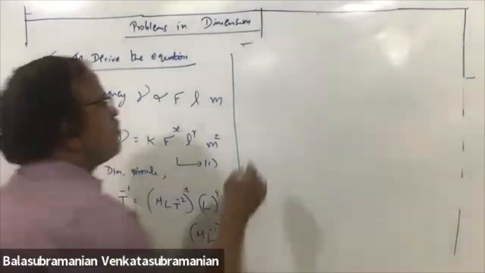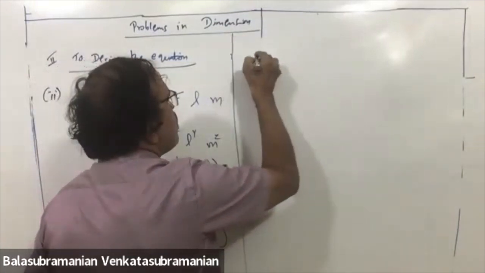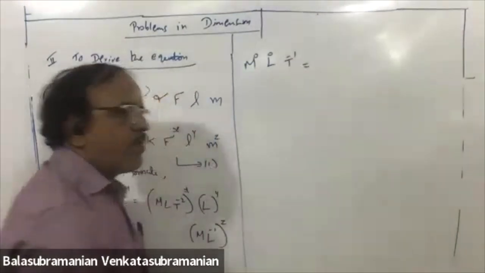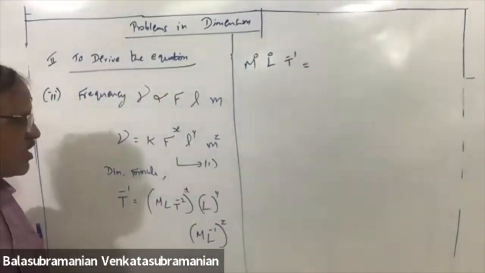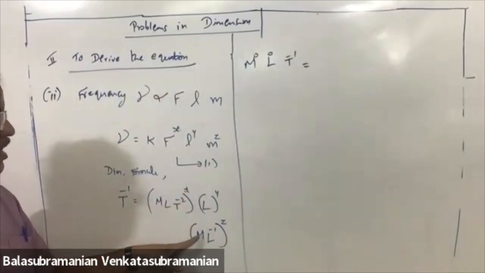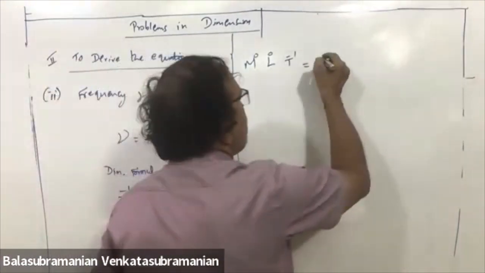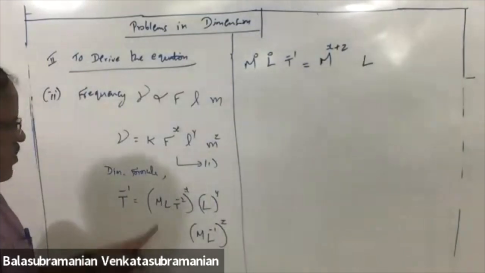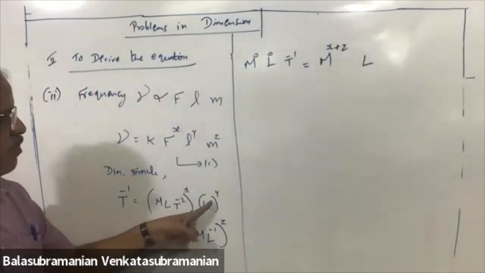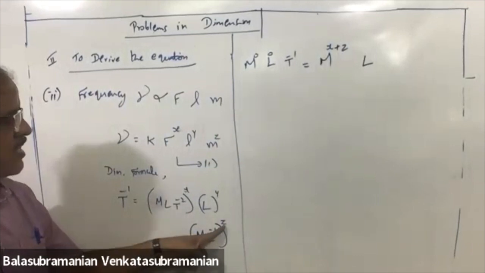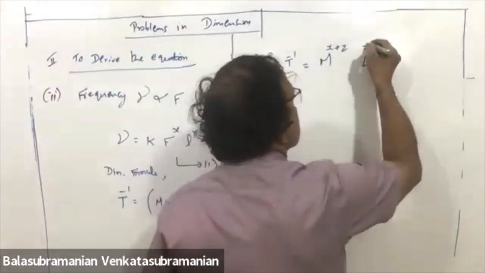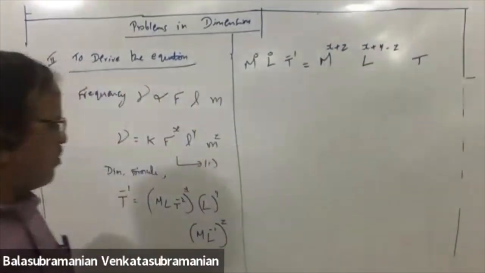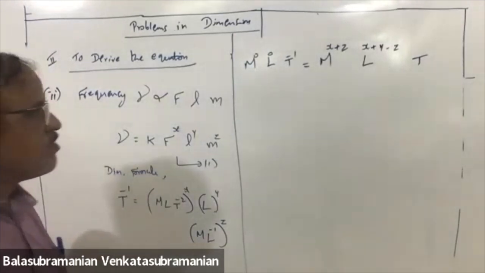So left hand side M power 0, L power 0, T power minus 1 is equal to right hand side M power x, M power z, M power x plus z, L power x, L power y, L power minus z, x plus y minus z, T power minus 2x.